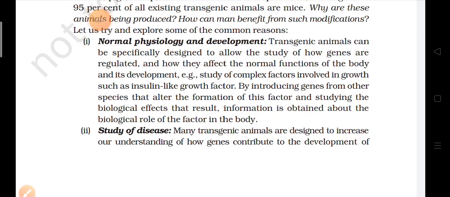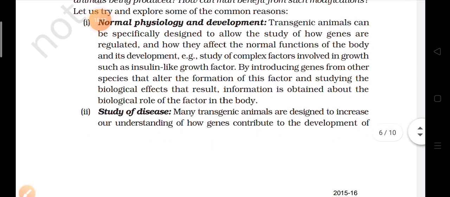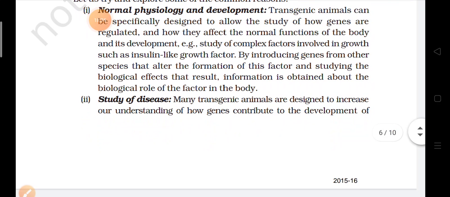For example, in our previous class we talked about human insulin, which was produced artificially. But for that we should know how human insulin is produced in the body, so the cells of these animals are modified and combined with human DNA, and in this way these cells give accurate information about how these genes or DNA produce a particular character.